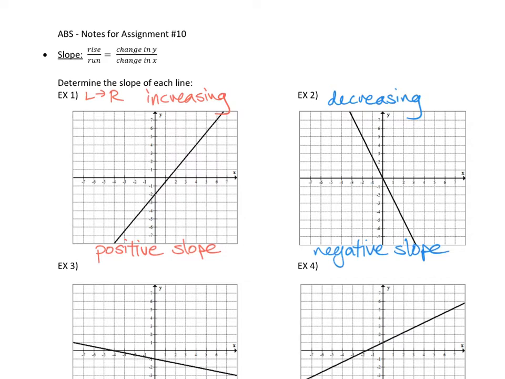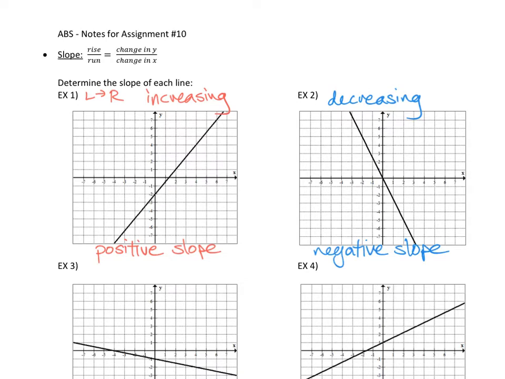Well, I'm glad you asked. So we pick 2 points on a line. And what's awesome is you can pick any 2 points on a line. The fact that lines are straight is what allows us to pick any 2 points on that line.